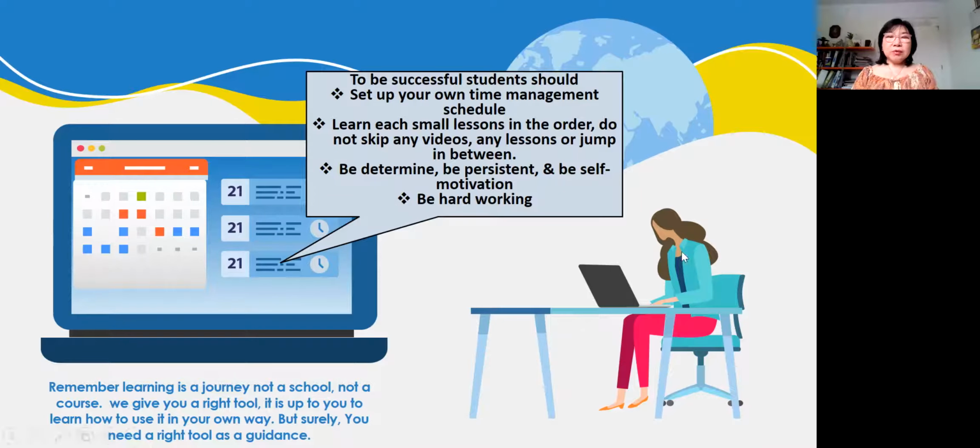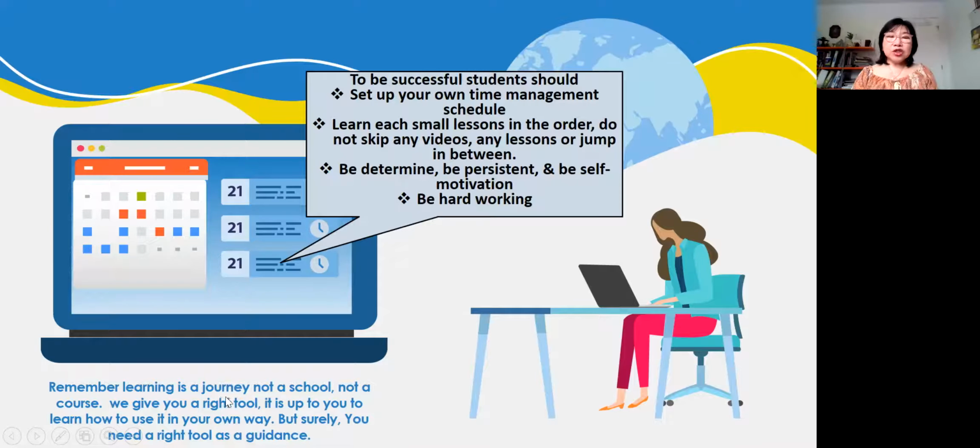Curriculum, school can give you tools. Online course gives you tools. But it's up to you how you use them and turn them into powerful weapons for you, right? That applies to everybody. So be determined, be persistent, be self-motivated, be hardworking.